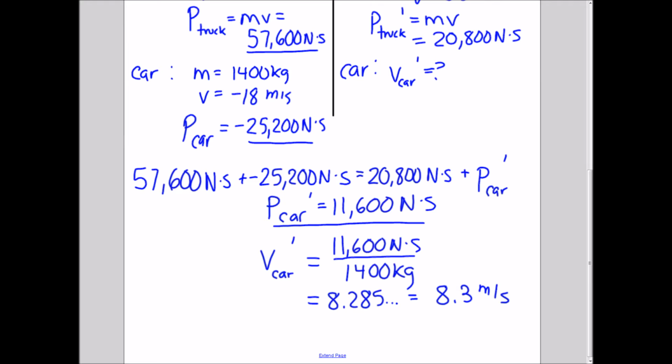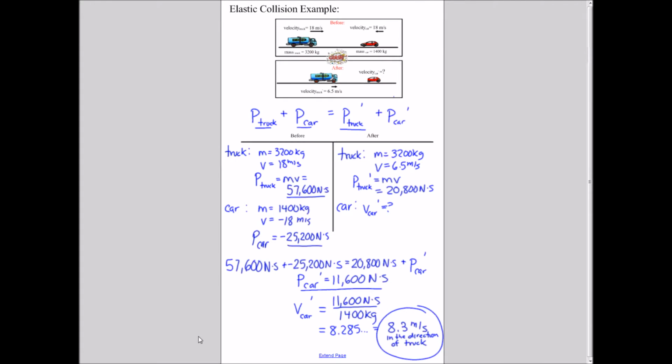And I need to now define the direction of that final velocity. So I'm going to say 8.3 meters per second in the direction of the truck. That's the answer to that problem. This is a very, very common elastic collision example. Two objects hit, they bounce off of each other.